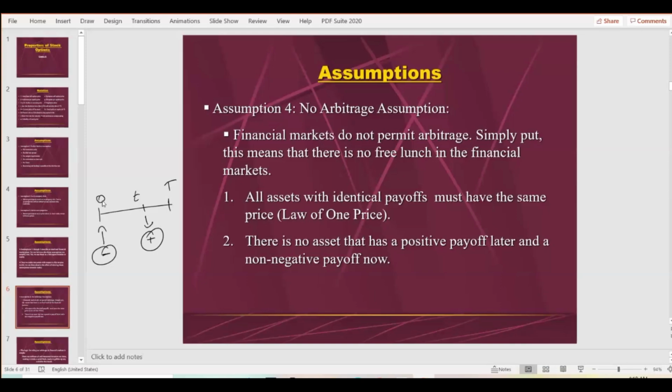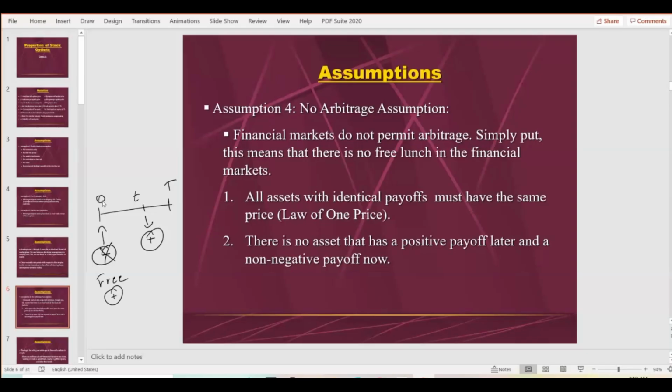If that asset is available for free, or we will be receiving a small positive amount at time T equals 0, and then in the future we'll be receiving another cash flow, all investors will wish that such an asset exists. All investors will go and buy that asset, because at the end of the day, there's no cash outflow.